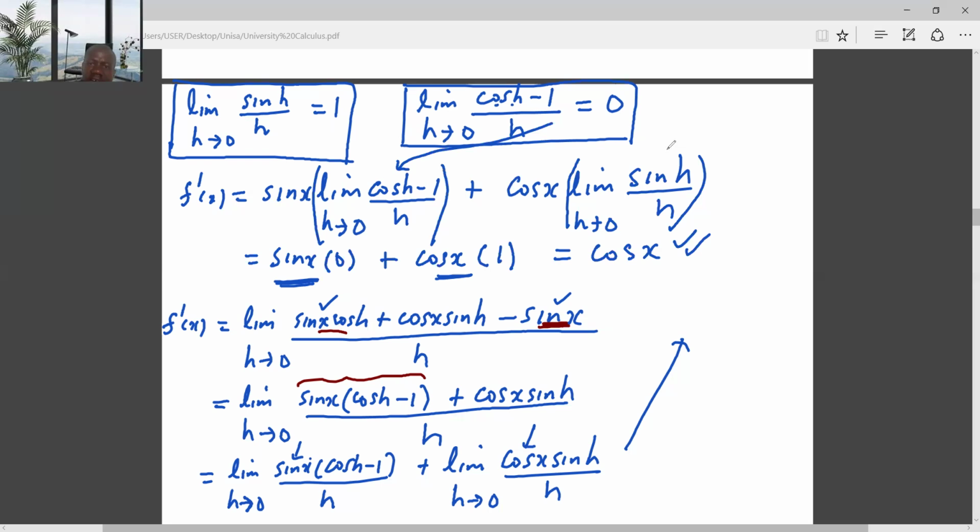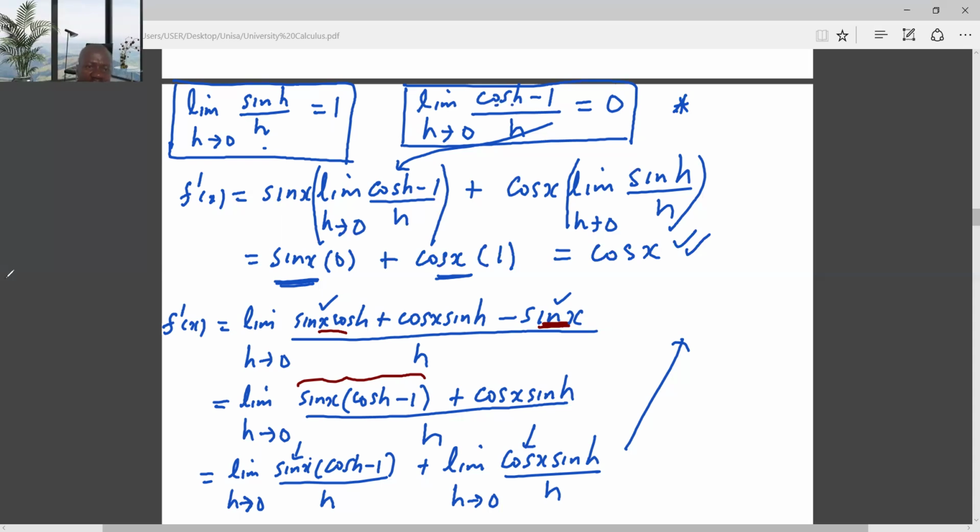So these things are very important, ladies and gentlemen. They are very, very important. What did we do here? We used the compound angles, and also we used the principles of limit for sine h over h and cos h minus 1 over h. So it's very important to be able to understand that.